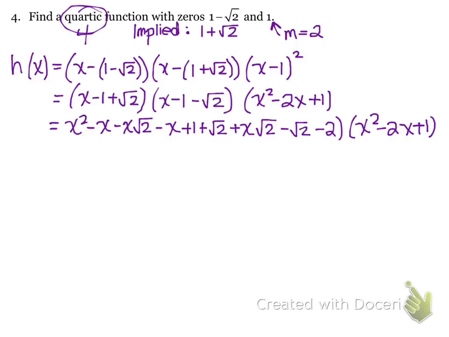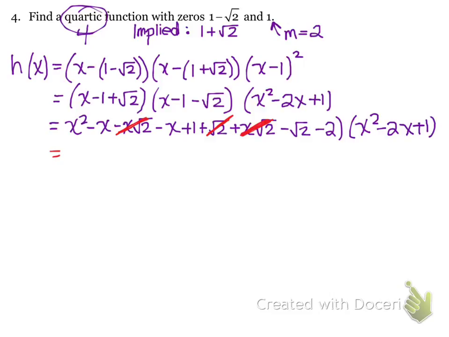Okay, so I'm going to simplify first and cancel things out. I can cancel out a negative x times root 2 and a positive x times root 2. I can cancel out a root 2 and a minus root 2. And that's it.